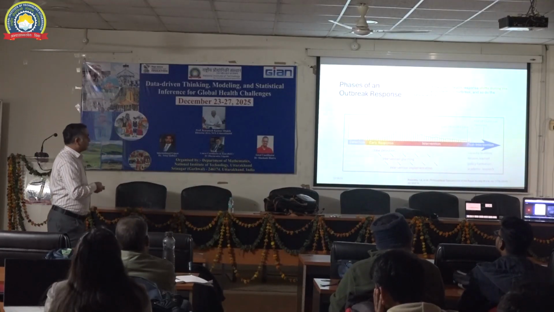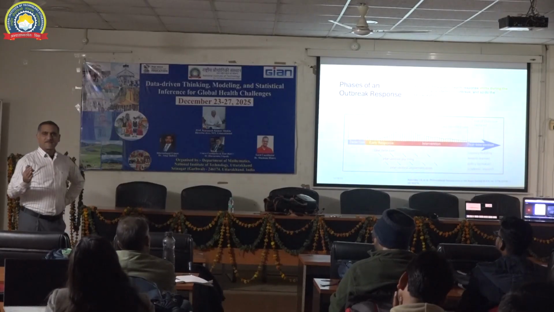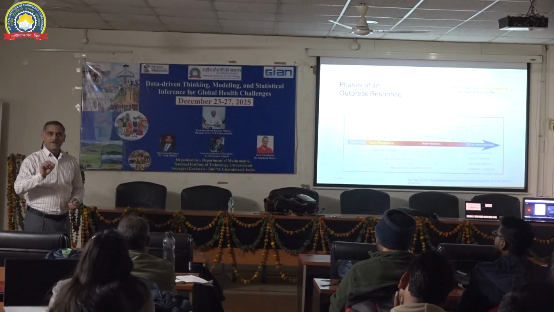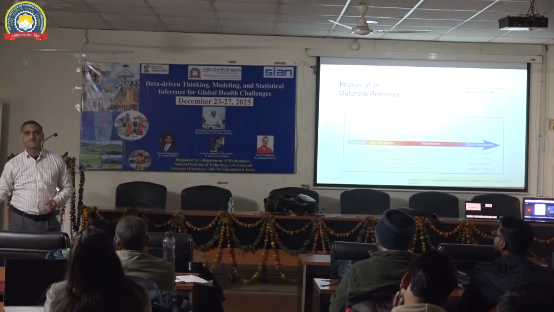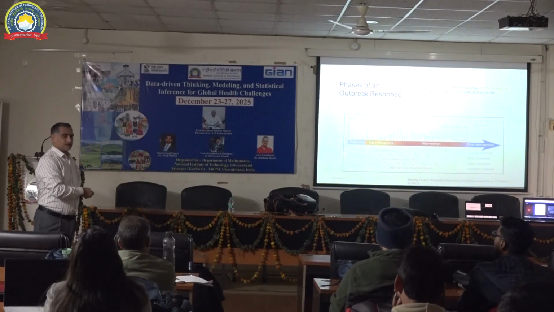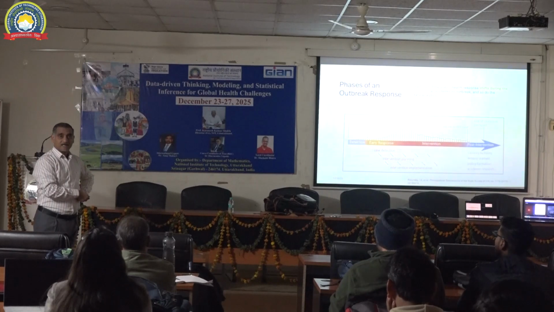For example, here in this period, the risk assessment. What is the risk that it will truly go and become a peak, or it will die out quickly? We don't know, right? So there are risk assessment models that decide whether the disease will truly cause a large number of cases and how we will handle it.